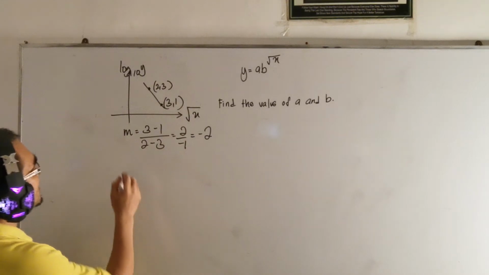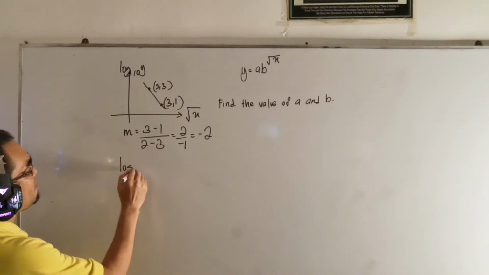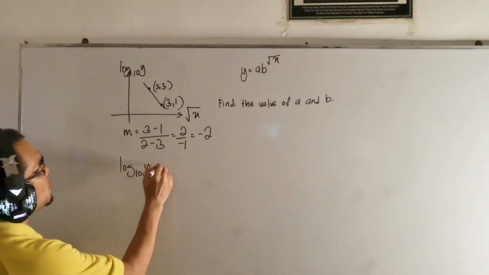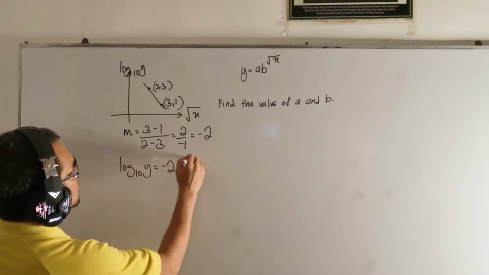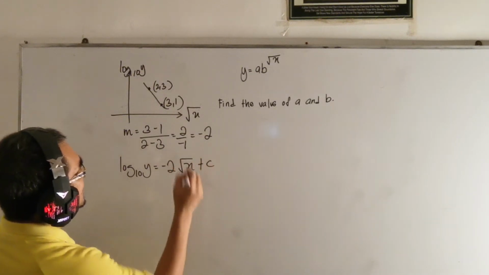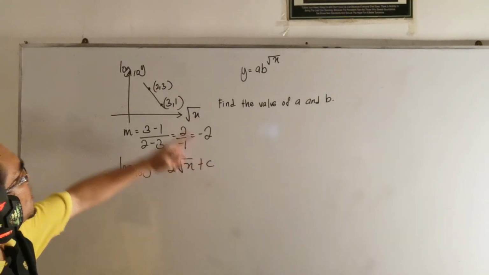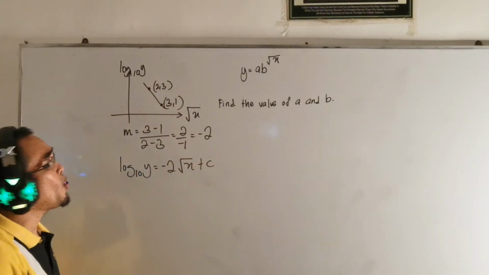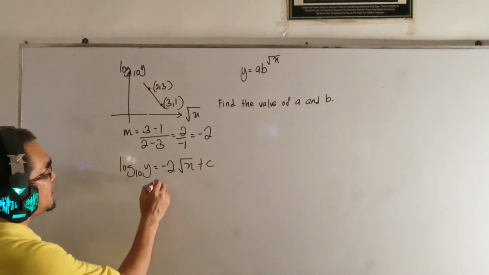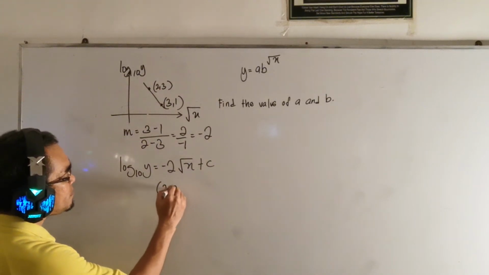Now let's find c. We have log 10y equals negative 2 square root of x plus c. In order to find c, we have to substitute one of the coordinates. Let's say we take (2, 3).